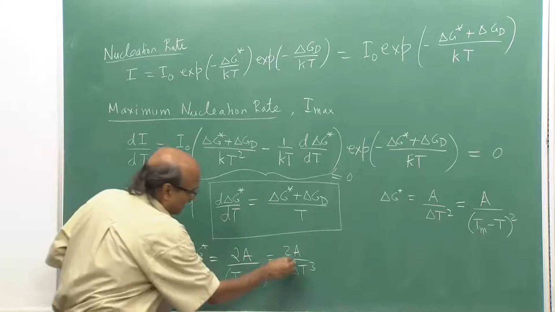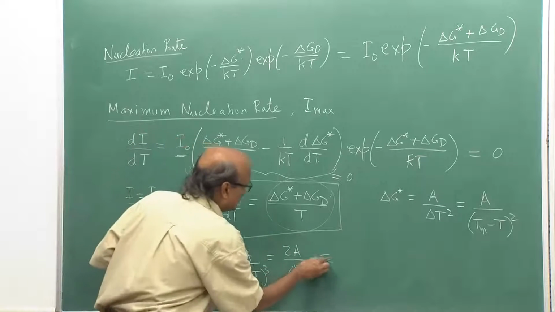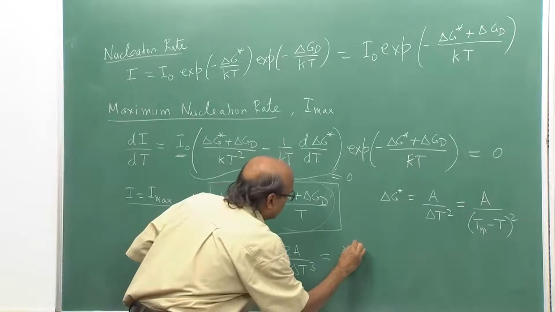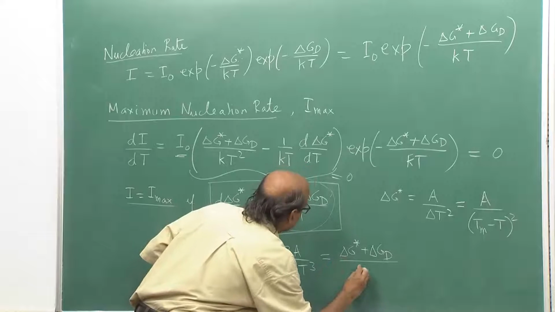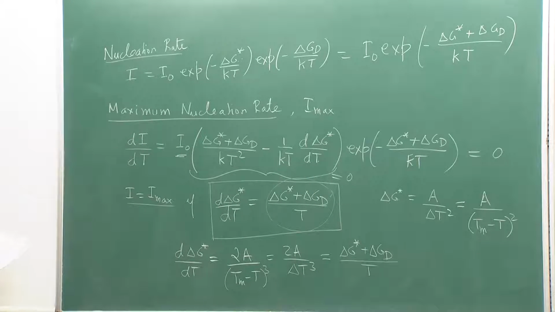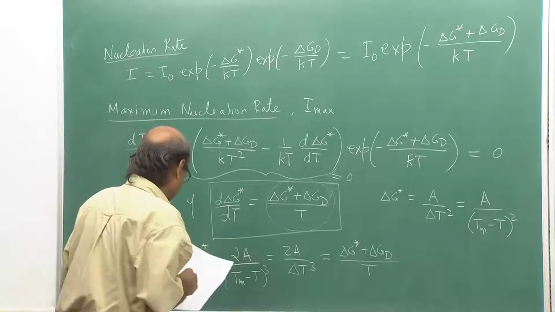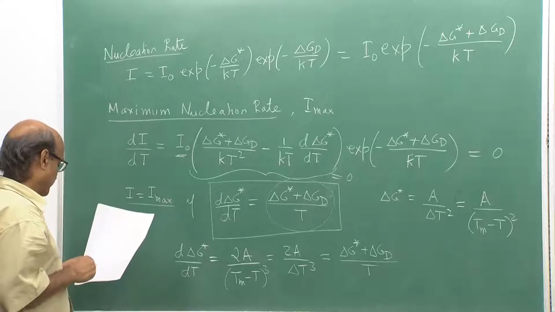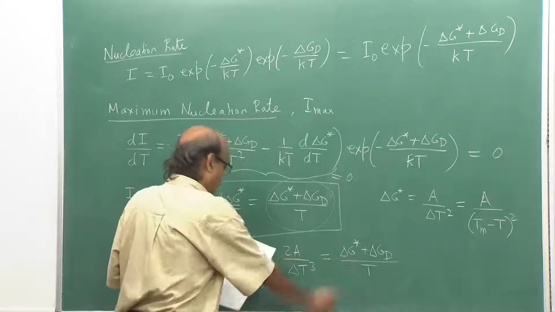So, this 2A upon delta T cube should be equal to (delta G star plus delta Gd) upon T. So, let us substitute for delta G star.